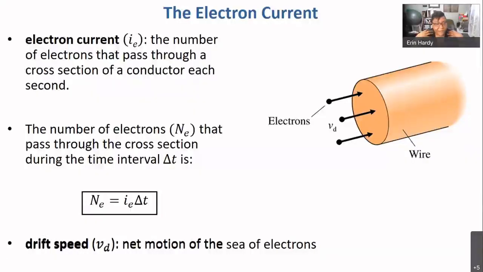But now we know that if these charge carriers that are moving have negative charge, we can manipulate them just by introducing some other electric field. And the electric field that is ultimately responsible for producing the electron current and, by default, the conventional current as well, is something we're going to dig deeper into in today's lecture.